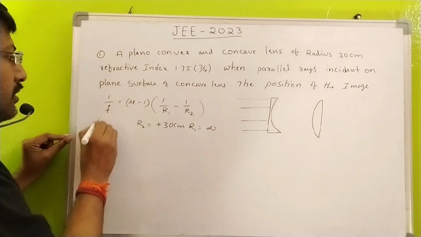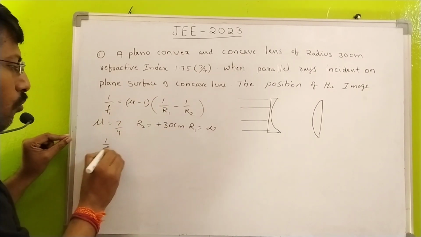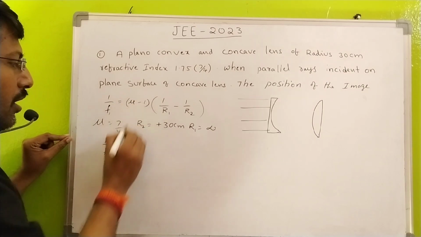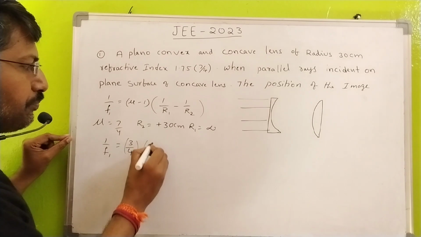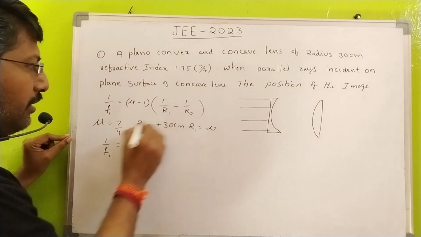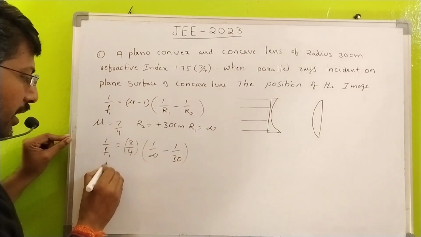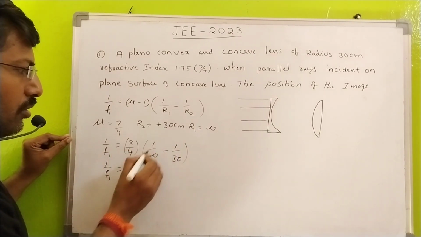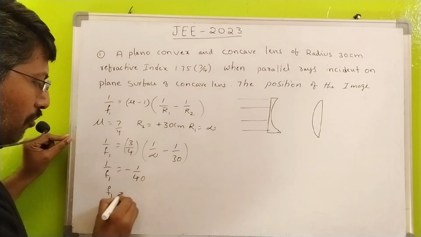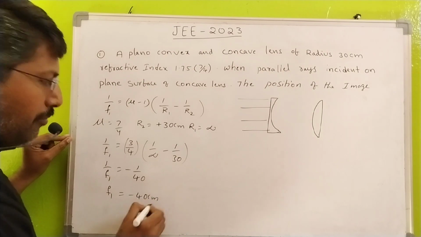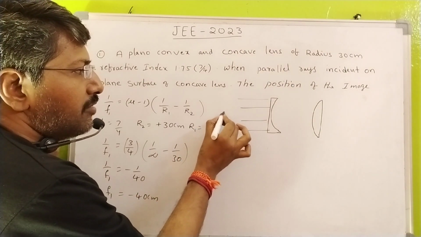The mu value is given as 7/4. Substituting, 1/f1 is equal to 3/4 into (1/infinity minus 1/30). On simplification, you will get 1/f1 equal to minus 1/40, that means the focal length is 40 centimeter. So you will get the image on this side.